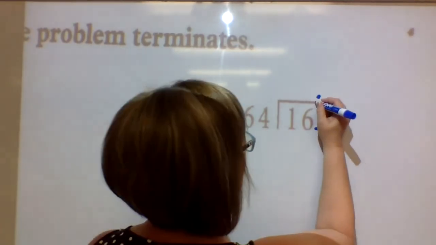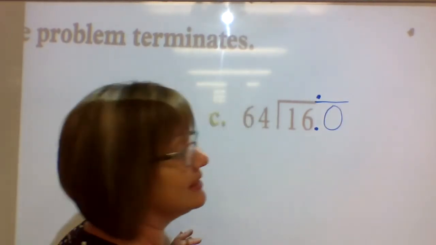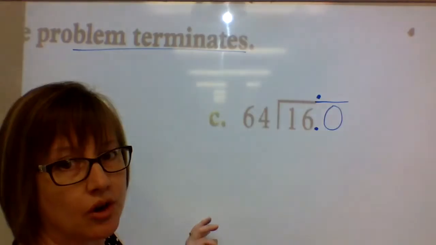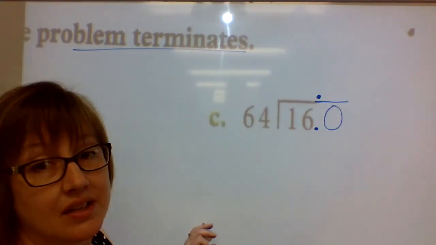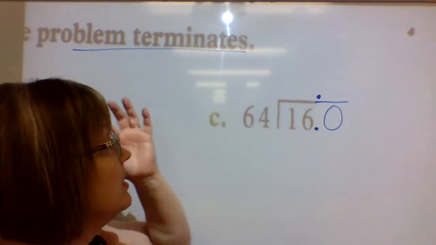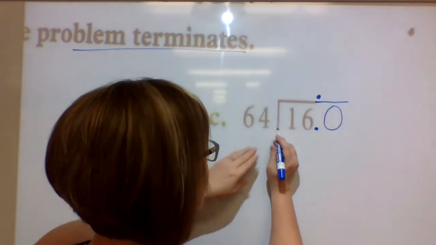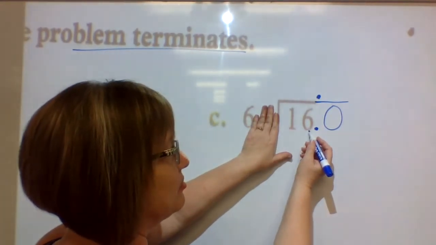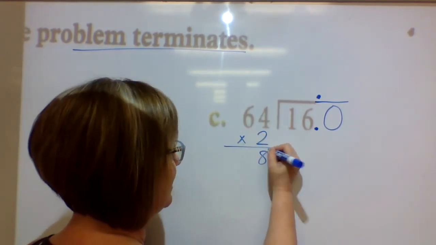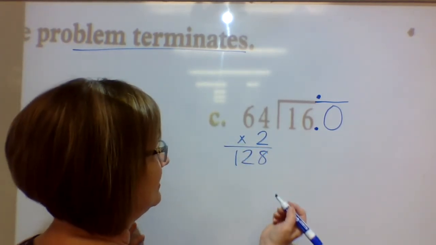Okay, so right off the bat we have to annex a 0. And it says to go until the problem terminates. The terminator. That means you keep going until you run out of numbers, till the remainder is 0. Okay, so 64, think of 6 going into 160. That would be 2 times. 6 times 3 is 18. That would be too much. Okay, so I'm going to guess that it is 2.